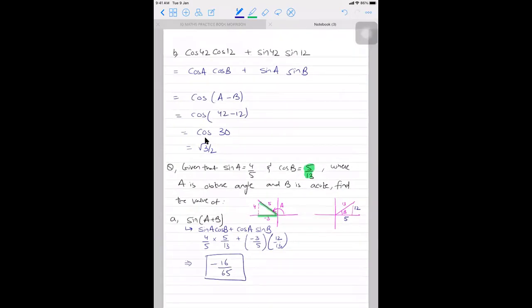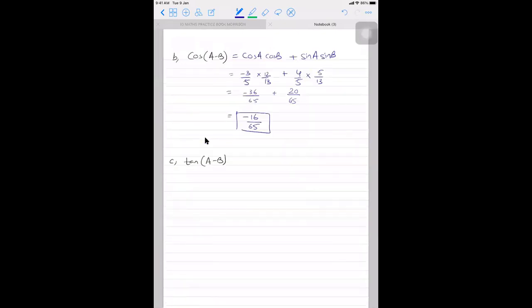Yes, sir. For the next part, cos B was 5 over 13, so I'm going to replace this with 5 over 13, and sine B is 12 over 13. So let me calculate this all over again. Negative 15 over 65 plus 48 over 65, 33 upon 65.